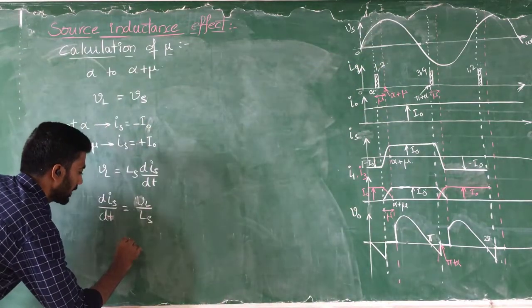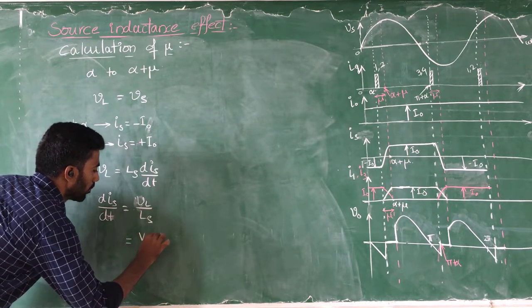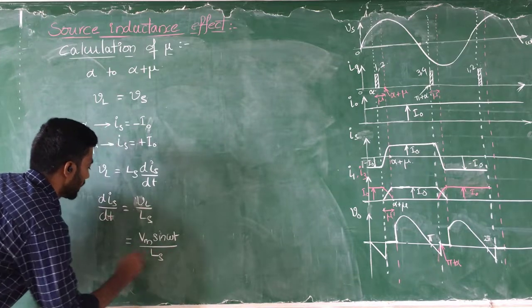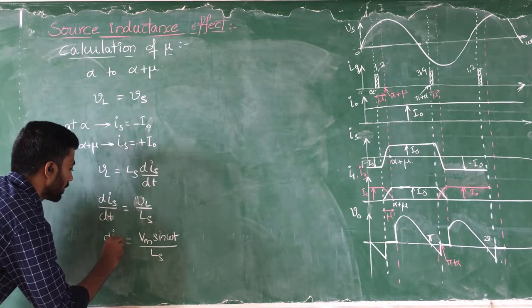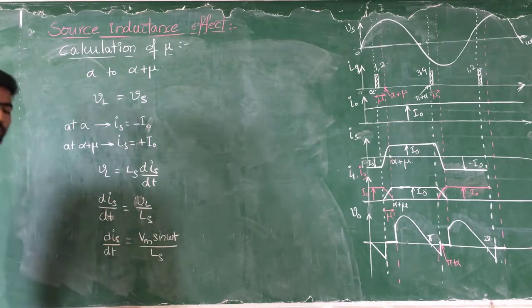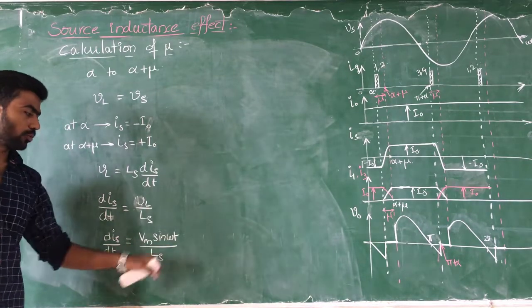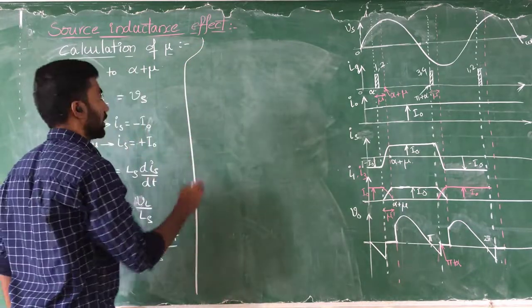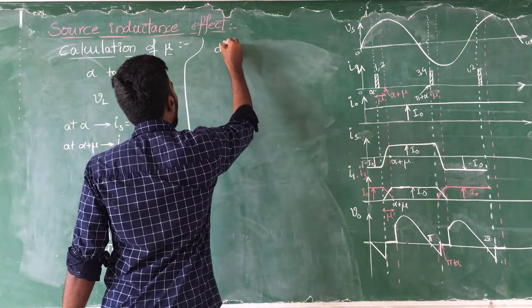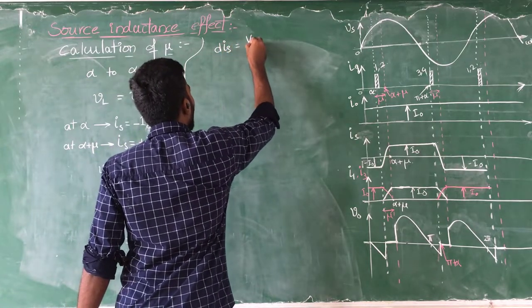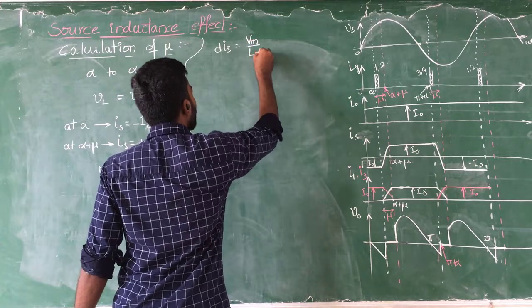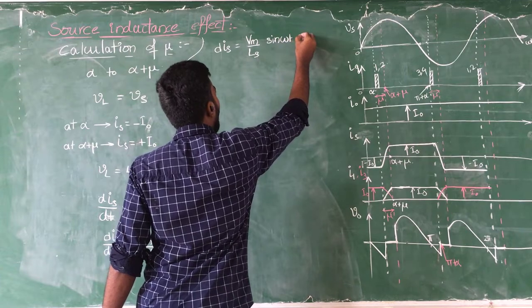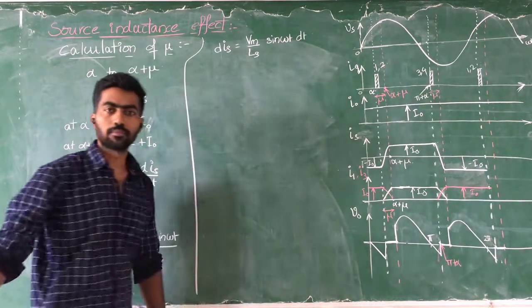So Vm sin omega t by Ls is dis by dt. If you take this dt to the right side, dis is equal to Vm by Ls sin omega t dt.